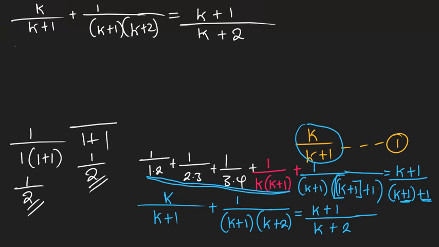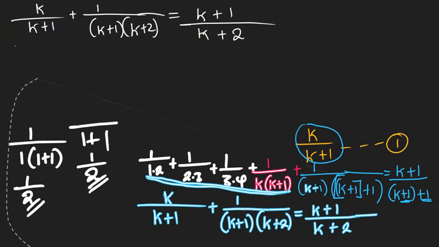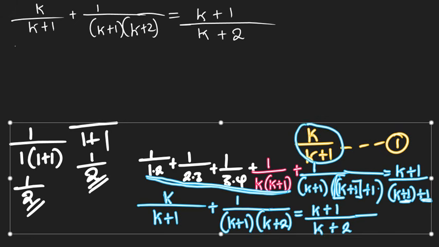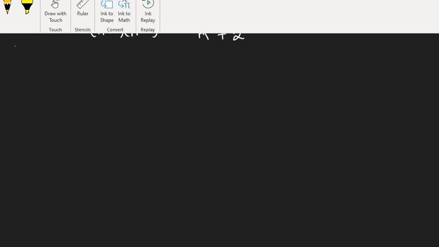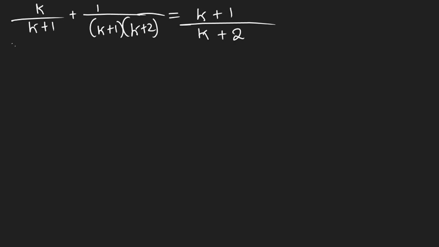Someone is saying k plus 1. I mean the common denominator which is appearing on both sides. Just checking the denominator, which one is appearing consecutively on the left hand side and right hand side? It's k plus 1.